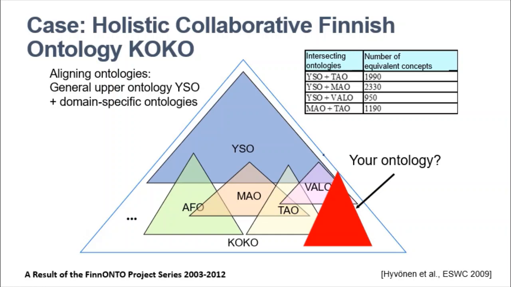These ontologies overlap with each other quite a lot. For example, ISO and TAO share 2000 concepts. And the problem then is how to interlink these ontologies that share so many concepts with each other in a reasonable way.